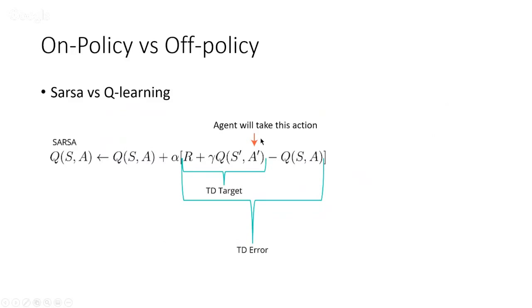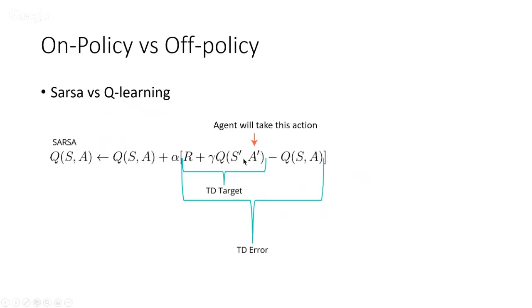So my policy for updating the action value function, for selecting my a prime, as well as for taking my action was the same. That's called on policy.